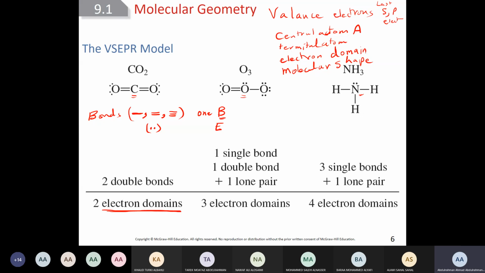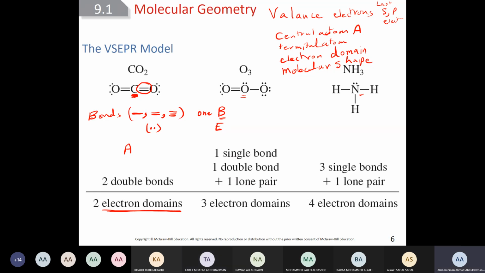So let's write the electron domain for CO2. In CO2, I will call the C here A, the central atom. And each bond around the central atom, I'll call B. So how many bonds do we have here? 1B. Why did I say 1B?